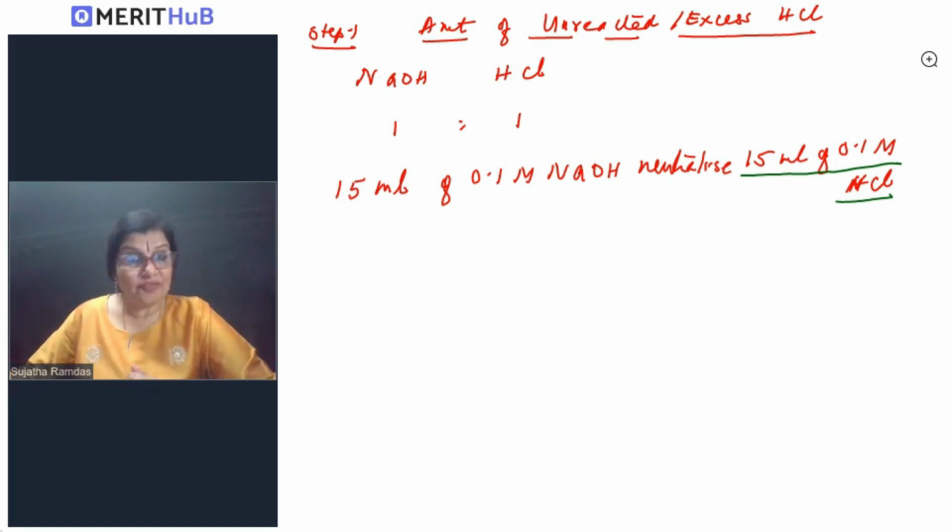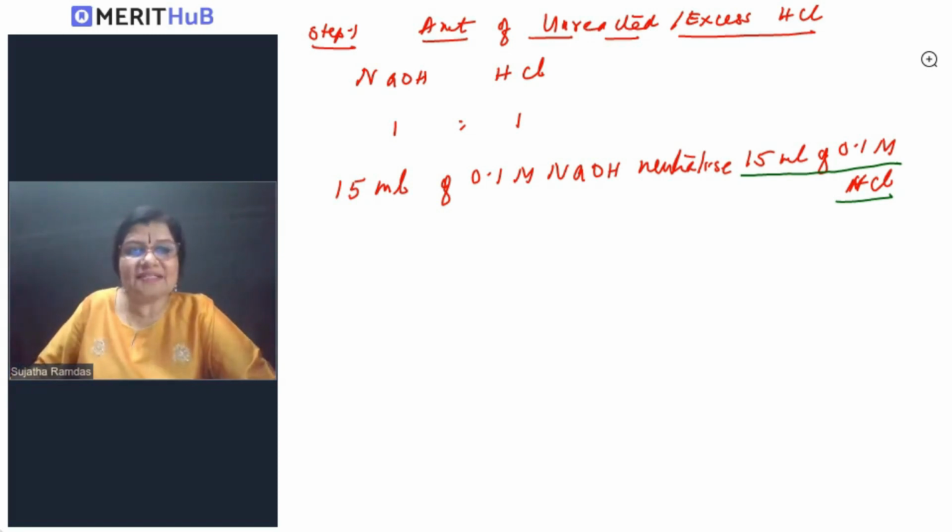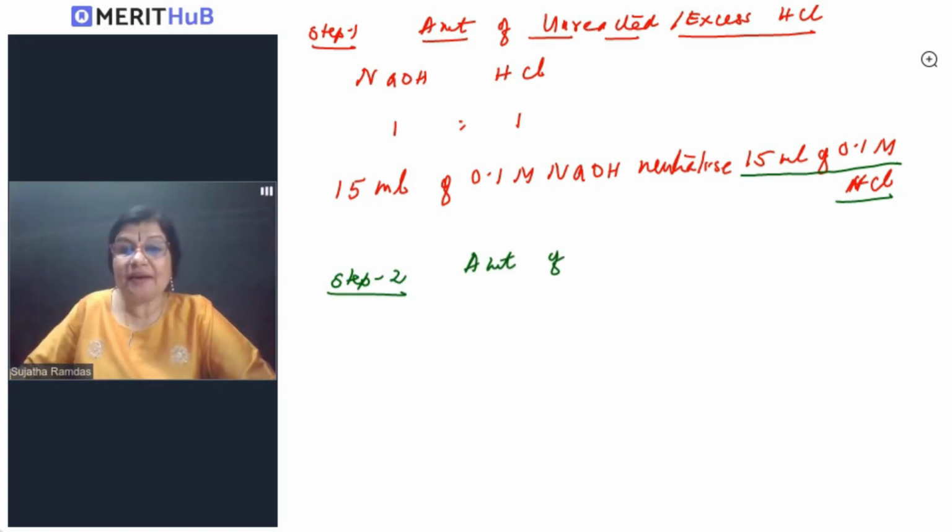Now let's find out what is the amount of hydrochloric acid which has reacted. So that is step 2, which is the amount of reacted hydrochloric acid.